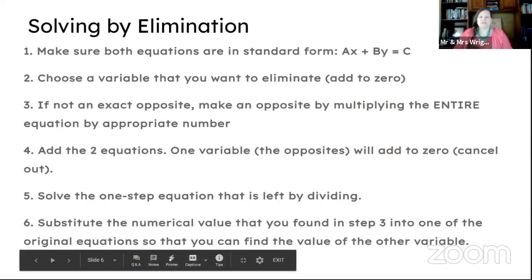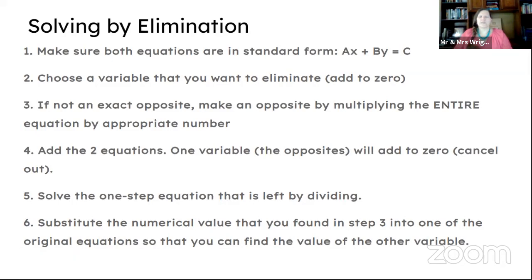Step 6, you're going to substitute the numerical value you found from step 3 into one of the original equations. I don't know why that says step 3. I copied and pasted these instructions in here. You found the numerical value in step 5.